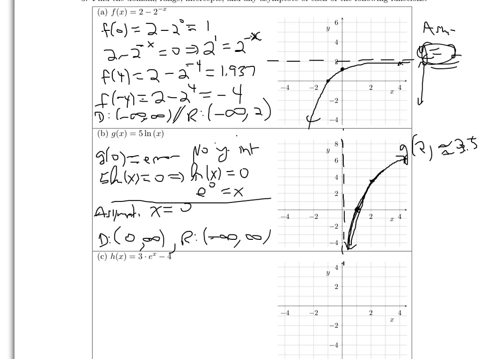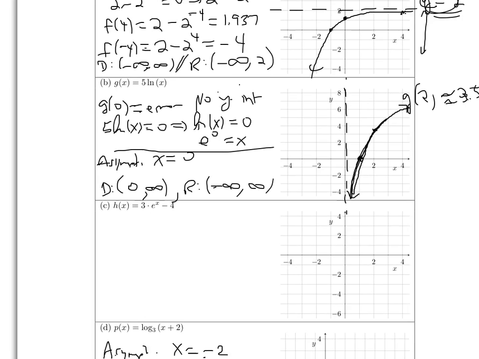So that's what the log function looks like. And if you remember what one of these looked like, the other one is just the other way around. Notice that this hugs a horizontal asymptote and then flies away from it in the other direction. This hugs a vertical asymptote and flies away from it in the other direction. And that's always going to be true. Exponentials always will look like that, and logs will always look like that.